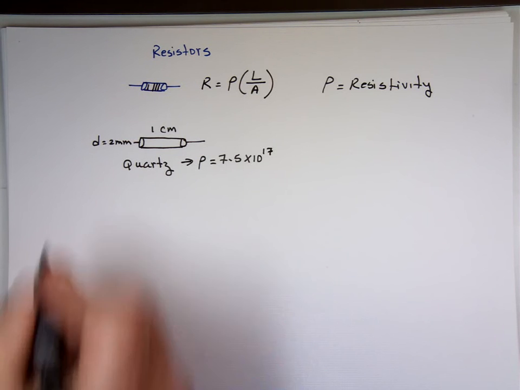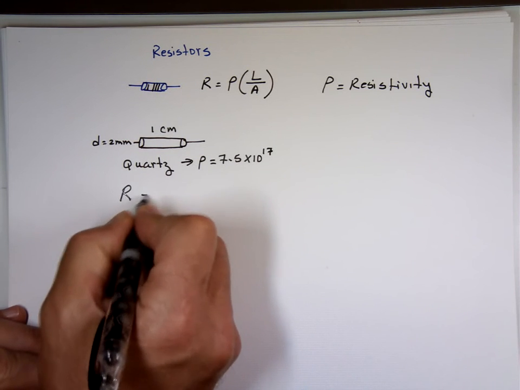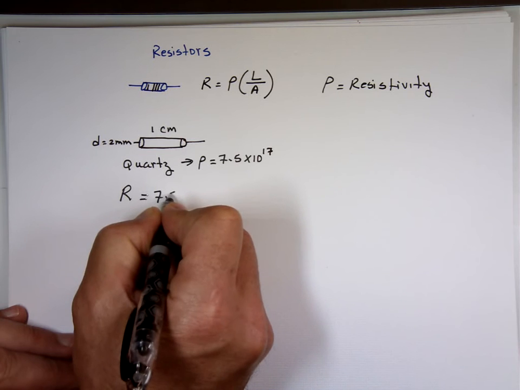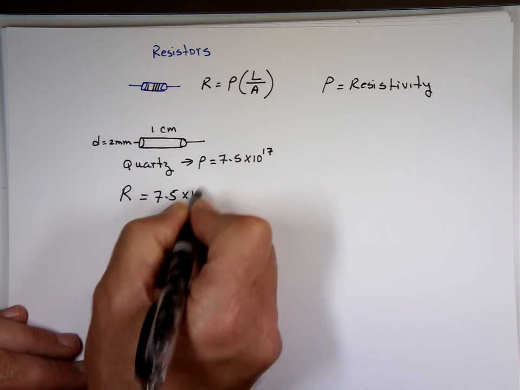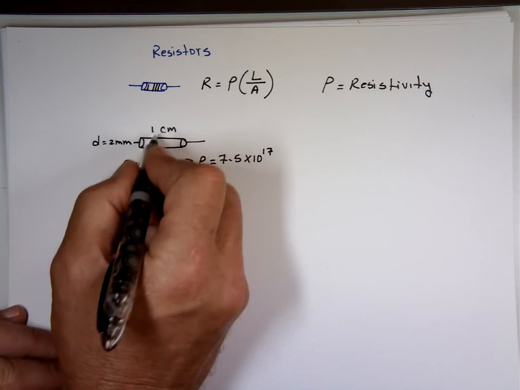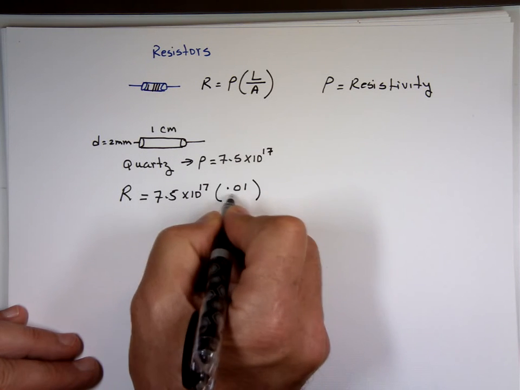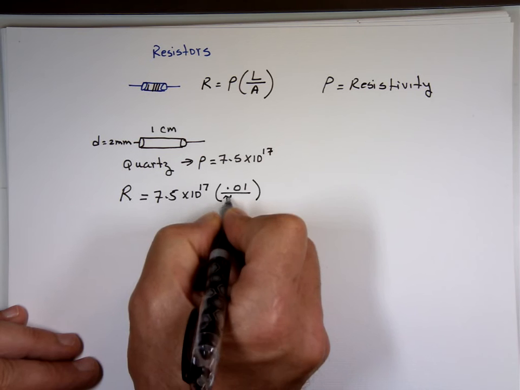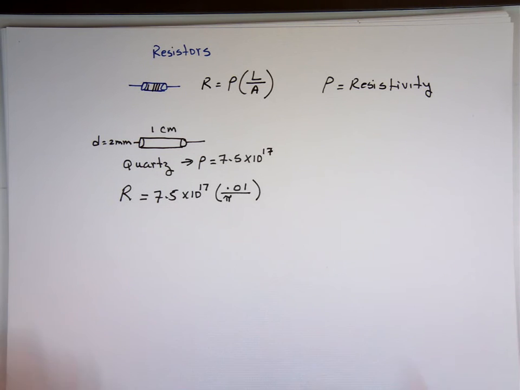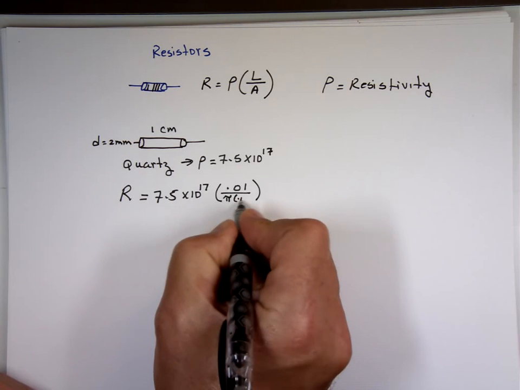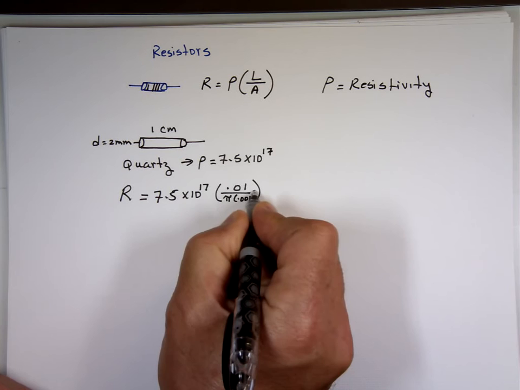The value of that is going to be 7.5 times 10 to the 17 times the length of that. The length is 1 centimeter, 0.01 meters, divided by the area, pi r squared. And r is what? Isn't that 1 millimeter? Which is 0.001 squared. We convert that to meters.